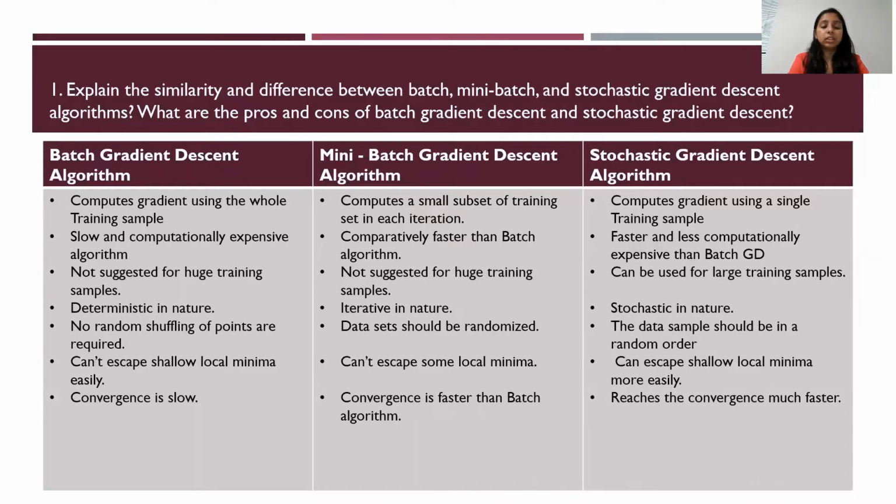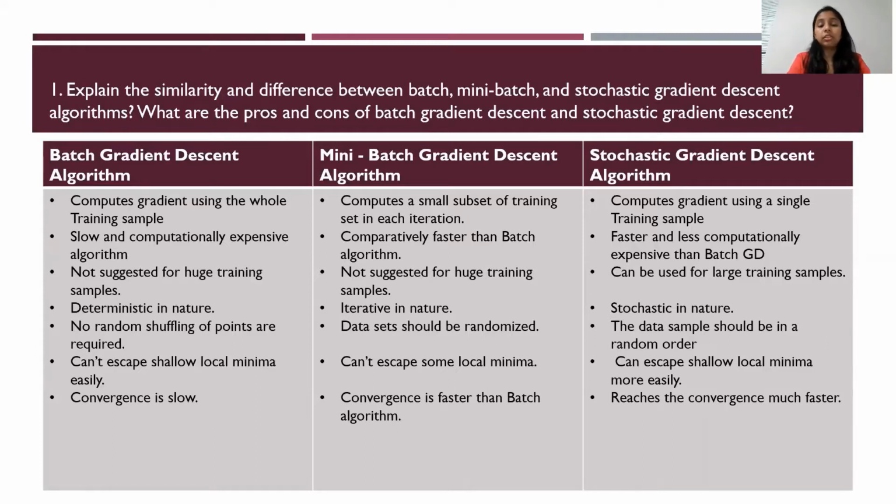In the batch gradient descent method, it computes the gradient using the whole training sample, whereas in mini batch gradient descent, a small subset of the training set is used in each iteration. In the stochastic method, the gradient computation uses only a single training sample.